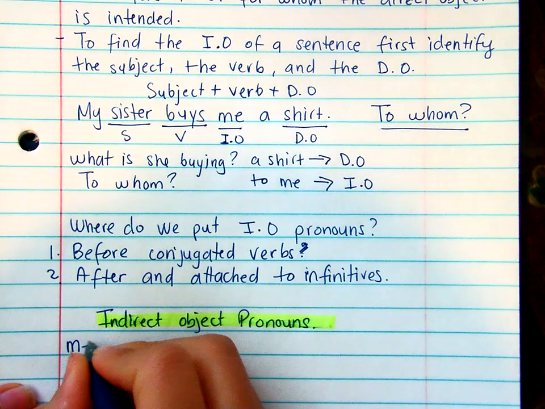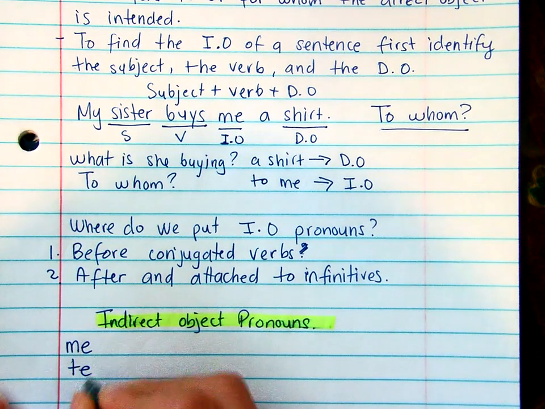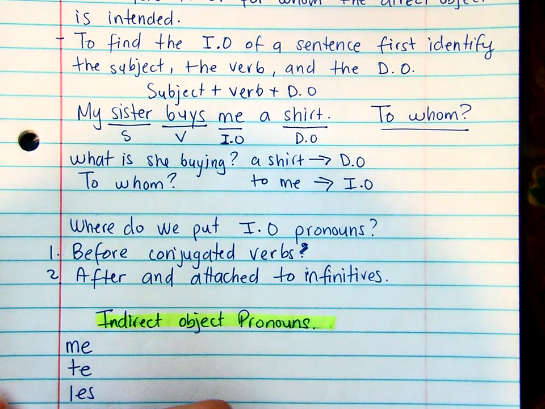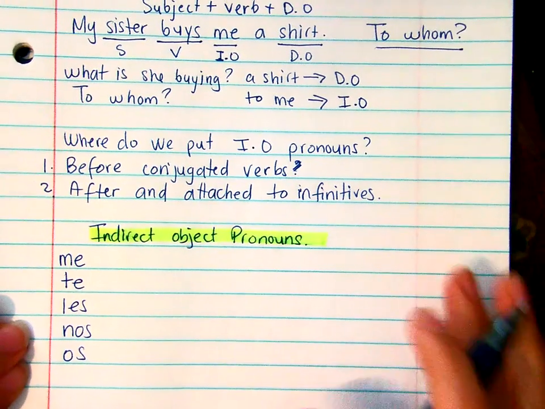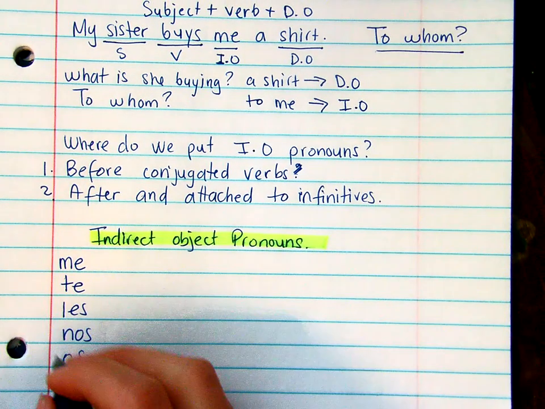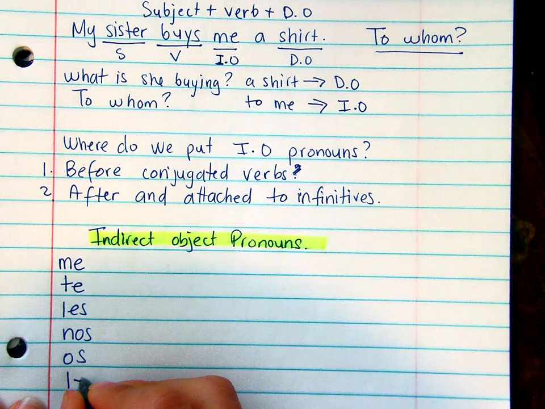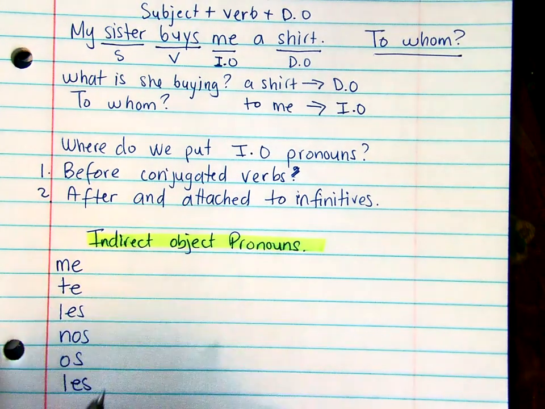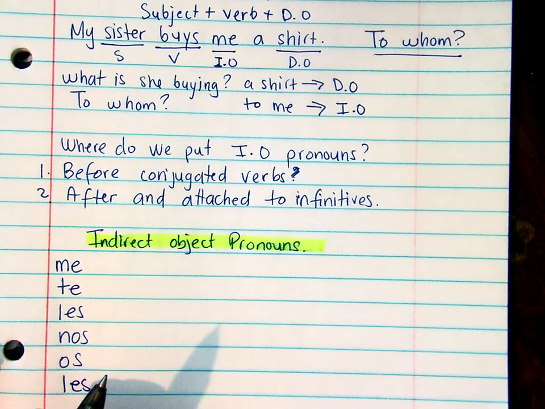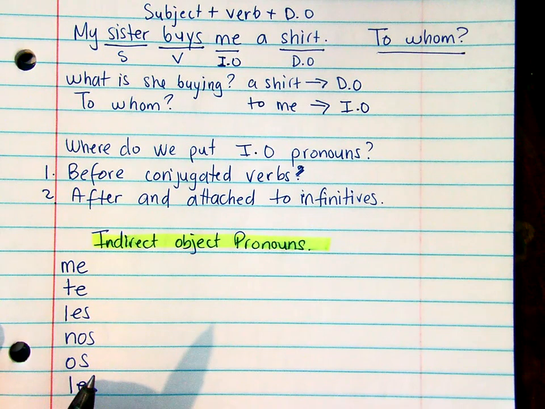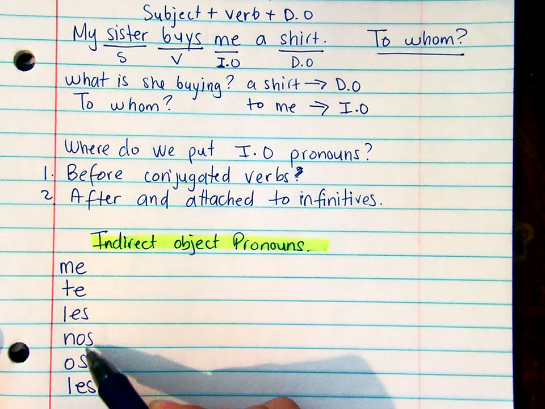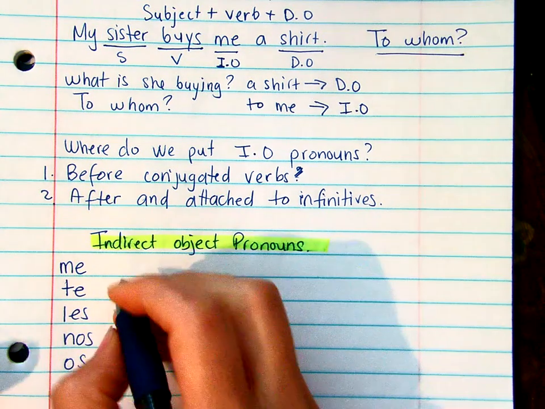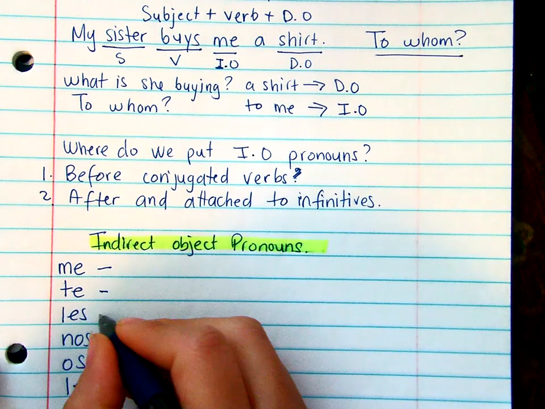They are me, te, le, nos, os, and les. These are the pronouns you need to know, and you're going to be using in Spanish. Okay, me, te, le, nos, os, les. Okay, what do they mean?